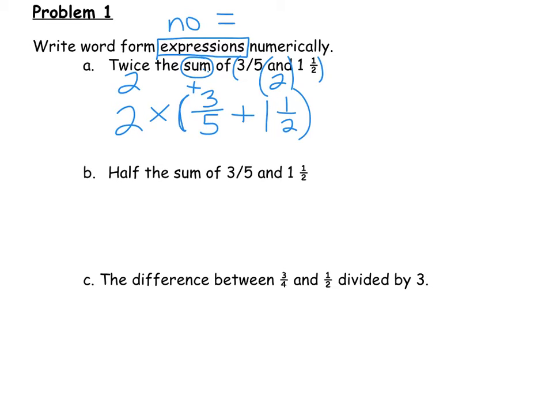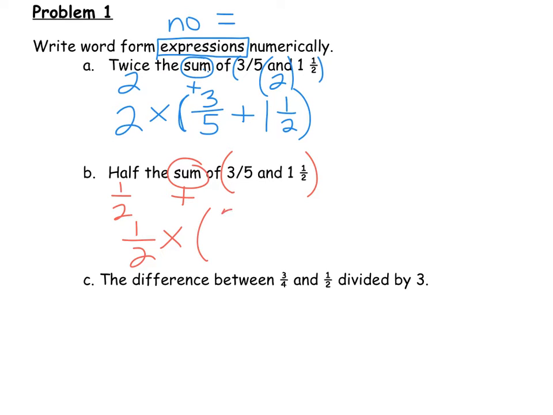So now we have B. Half the sum of 3/5 and 1 1/2. So again, half means I'm multiplying, but I have to find the sum first, and sum means add.